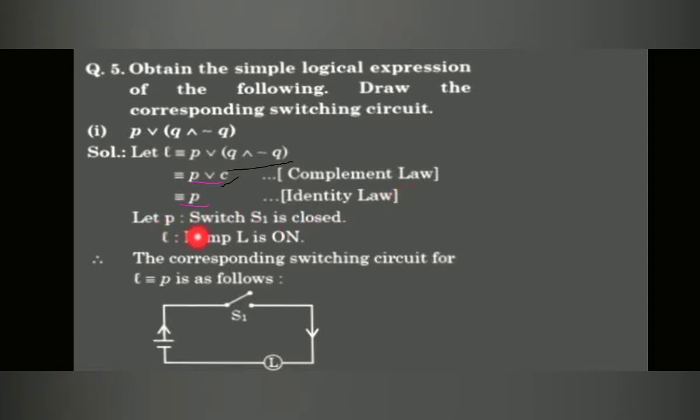Let P, switch S1 is closed. This P means switch S1 is closed and L, lamp is on. Since the corresponding switching circuit for L equivalent to P is as follows. This is only the P statement, meaning S1 switch here. Shown here. Next example.